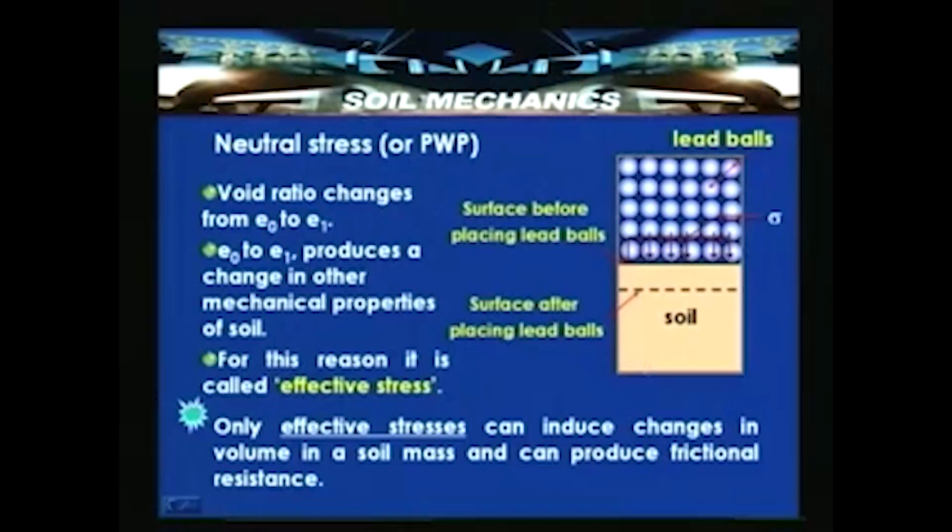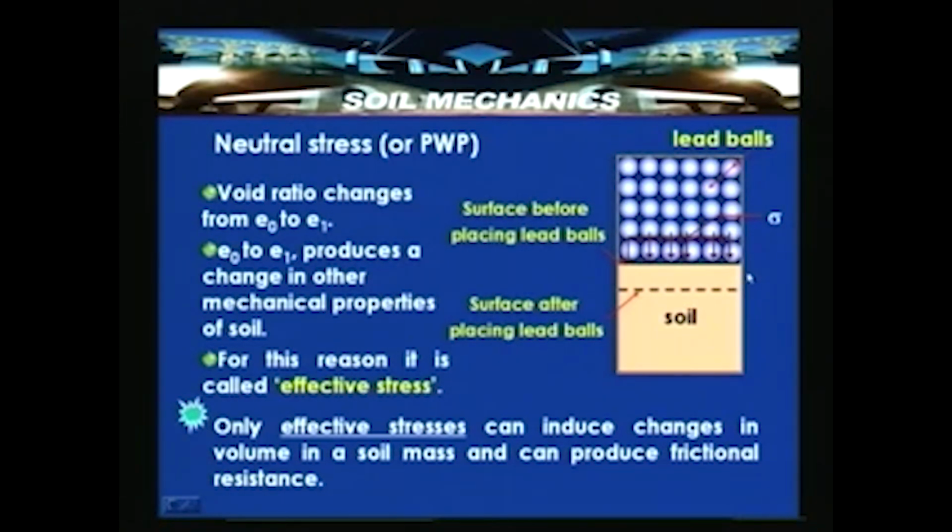Consider a soil mass of certain thickness and assume that this is the surface before placing lead balls. The lead balls are loaded on the soil mass in such a way that they induce a vertical stress sigma. The surface of the soil mass after placing lead balls has settled by a height h.